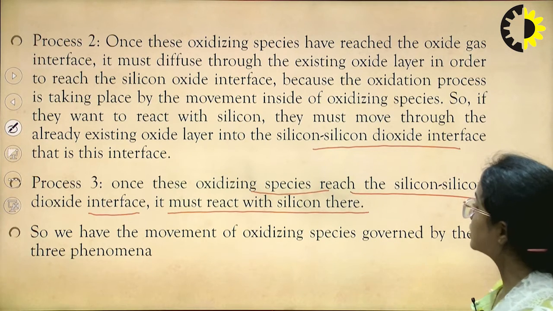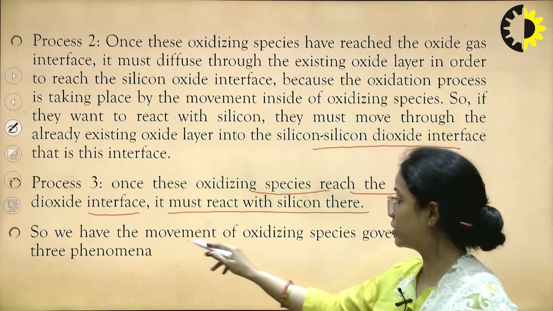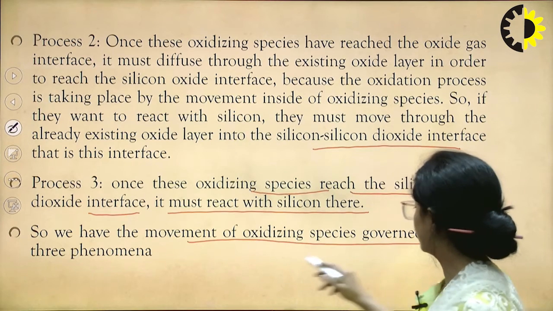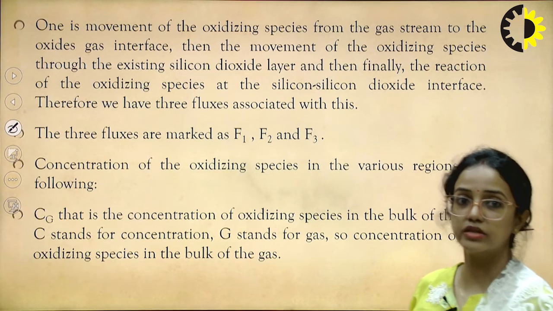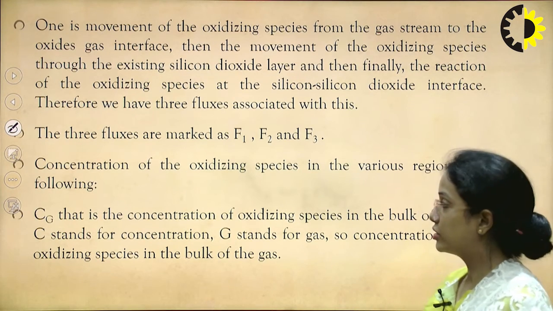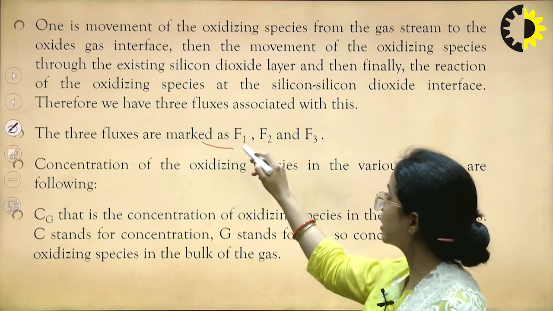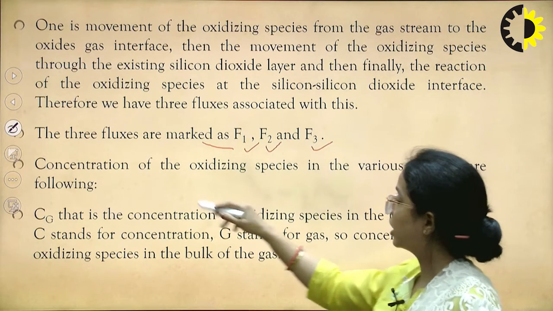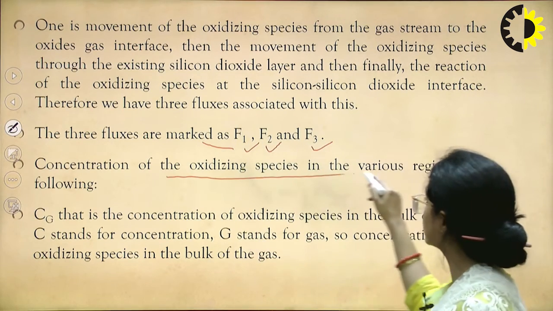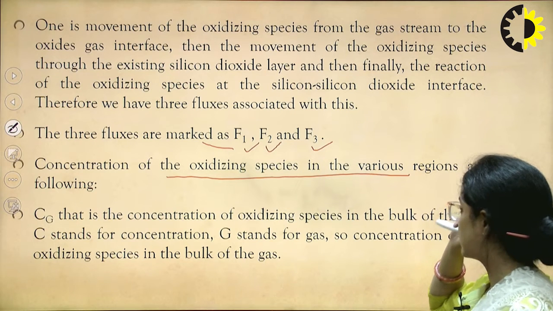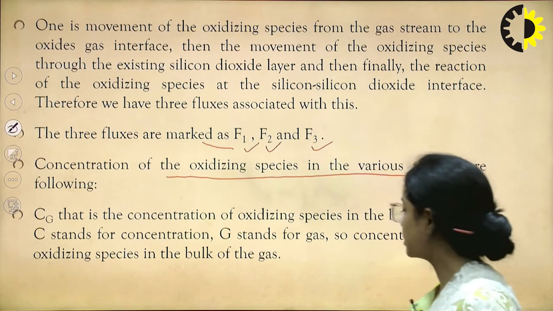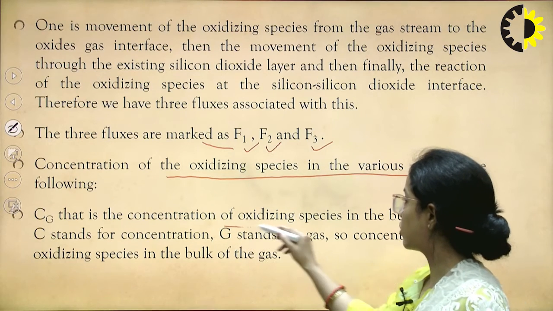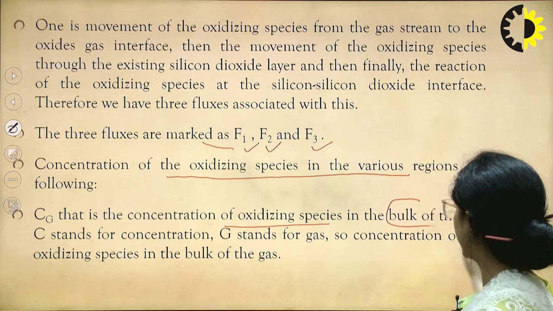So we have the movement of oxidizing species governed by these three phenomena. Here, as I have already told, the three fluxes are named F1, F2, F3, and the concentrations of oxidizing species in the various regions are as follows. Cg is the concentration of oxidizing species in the bulk of gas.